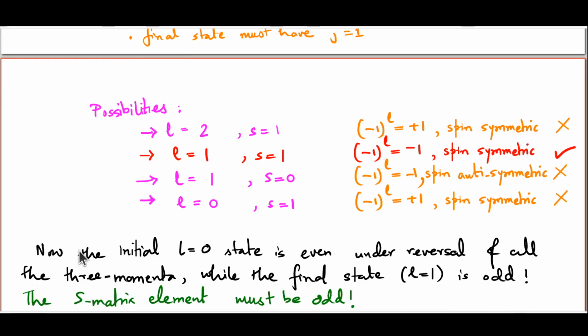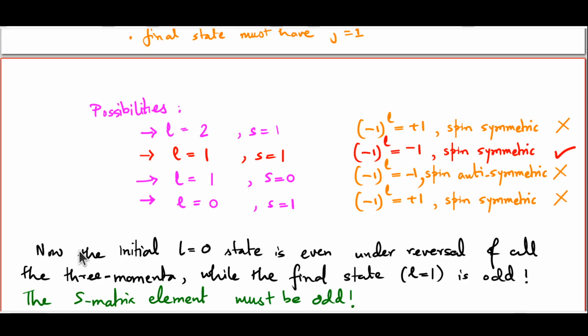So what we know is that if you were to calculate the S matrix element and then reverse all the three momenta involved, you must get an overall minus sign. The S matrix element must be odd.